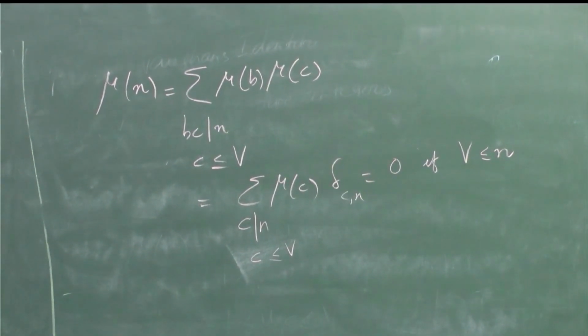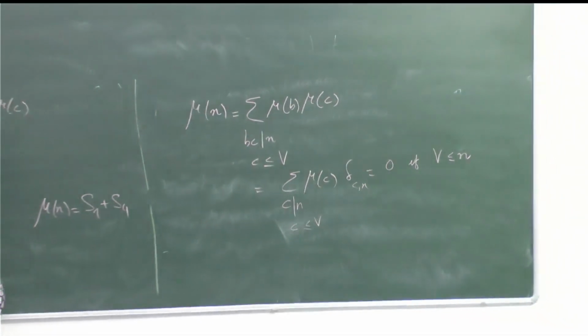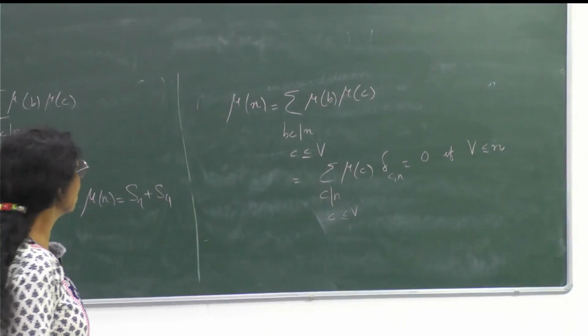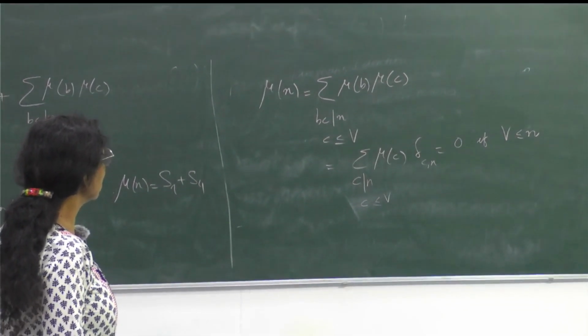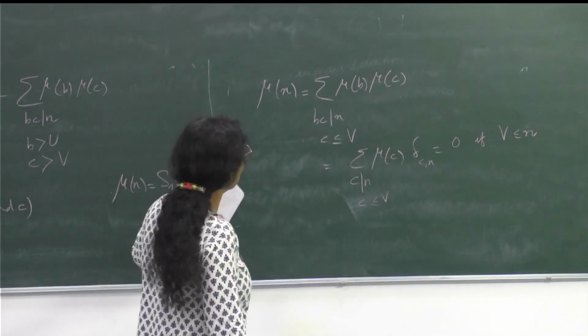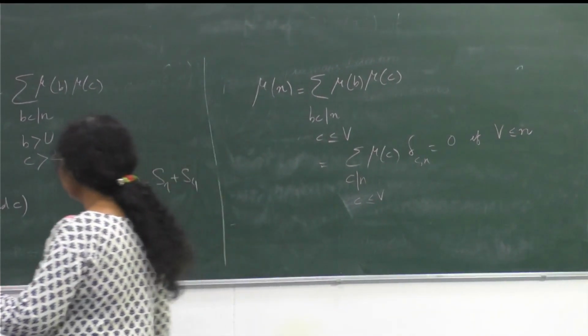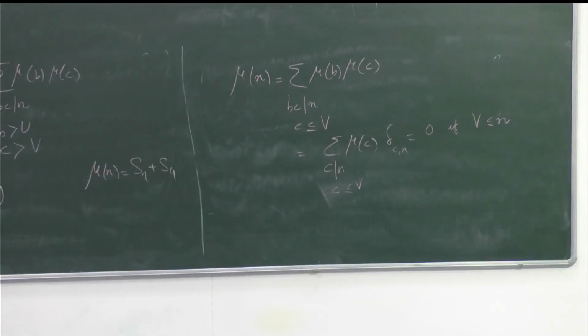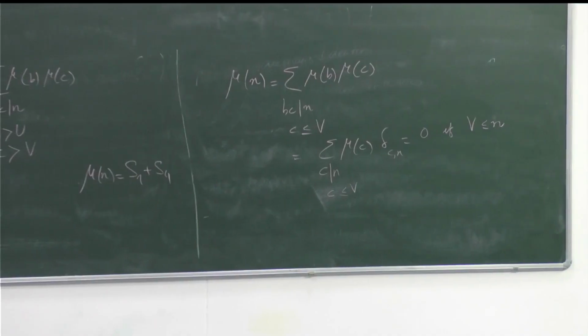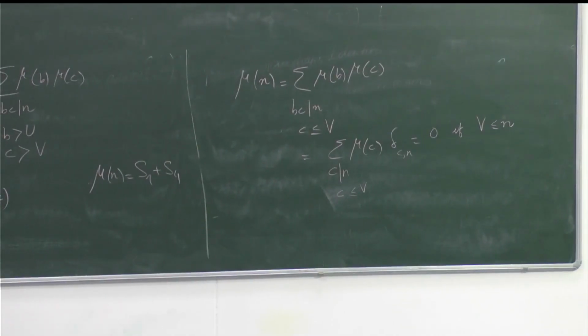No, S1. You said something? Since S2 and S3 are equal, I'm trying to see what is the difference between S1 and S2. How do you interchange B and C?